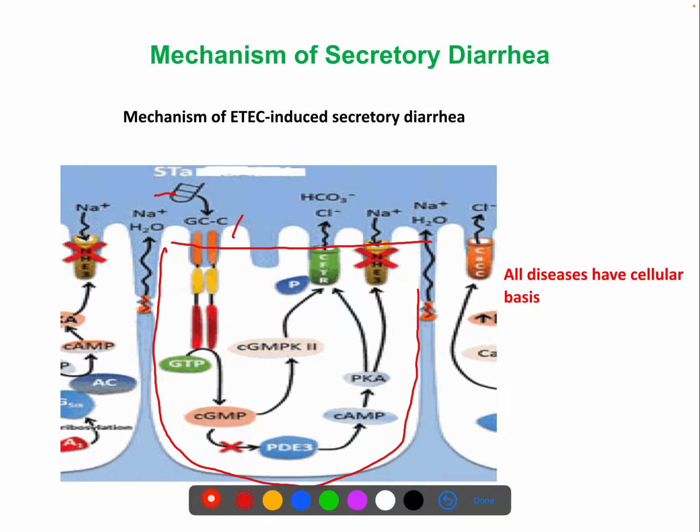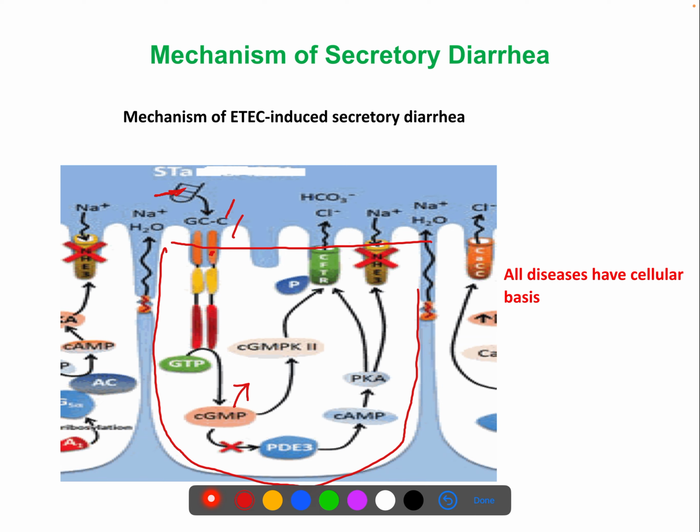And this is the STa toxin binding to guanylate cyclase C over here. And this is the guanylate cyclase C. So binding of STa with the guanylate cyclase C receptor increases cyclic GMP. So this is cyclic GMP over here that is increased by the activation of guanylate cyclase.